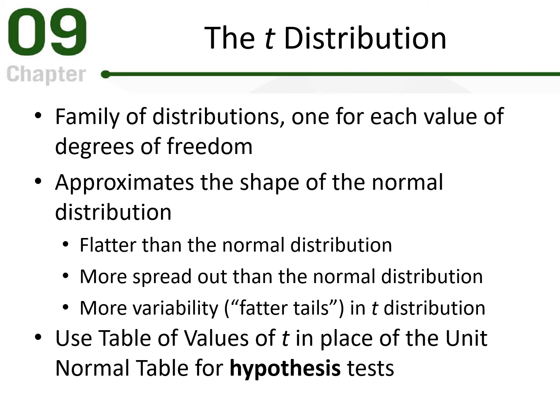And there's a table of t in your textbook, in your appendix, that will enable you to find the critical values. Remember those critical values of z that we talked about last time? For the one-tailed test, it was 1.645, which is alpha of 0.05.